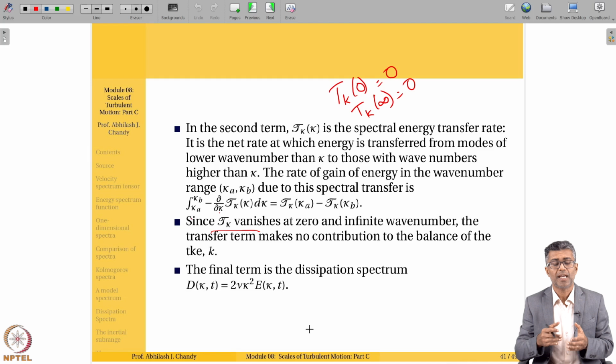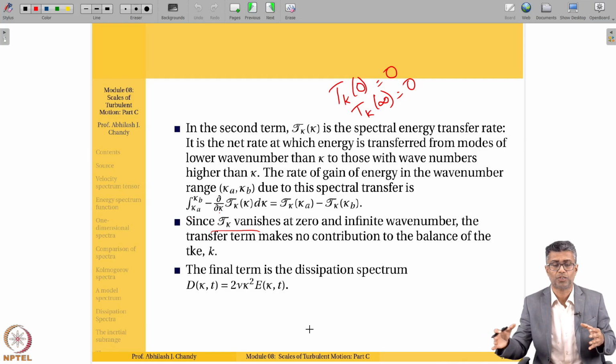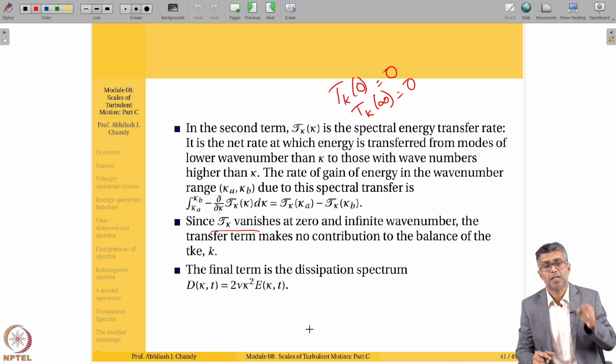That is because it has to do with the rate at which energy is transferred with respect to wave number. It goes from the large scales to the small scales. Energy transfer is from the small wave numbers to the large wave numbers, so there is a derivative in there. It is basically the net rate at which energy is transferred from the modes of the lower wave number to the modes of the higher wave number.